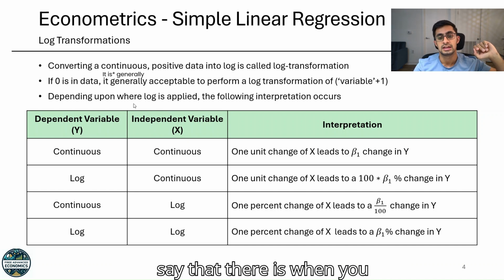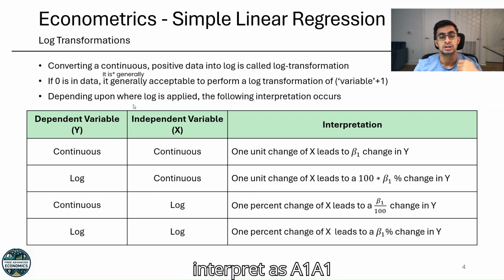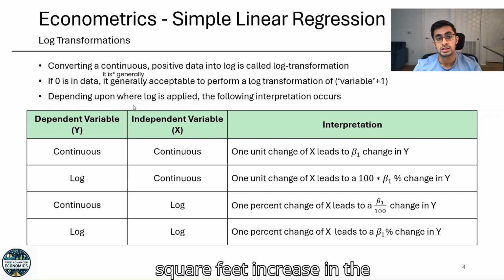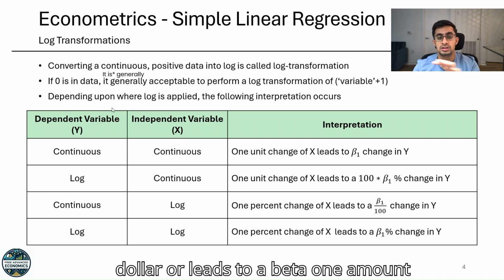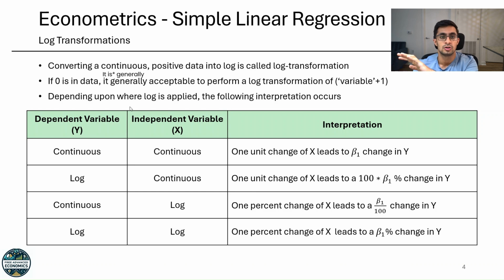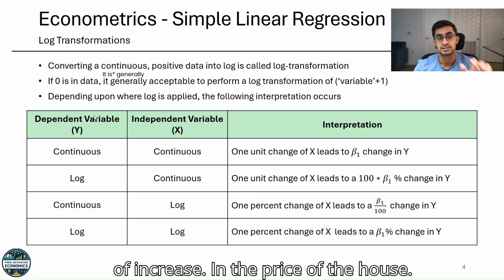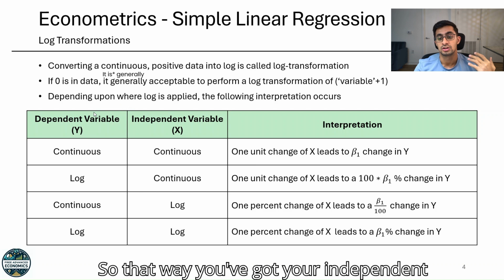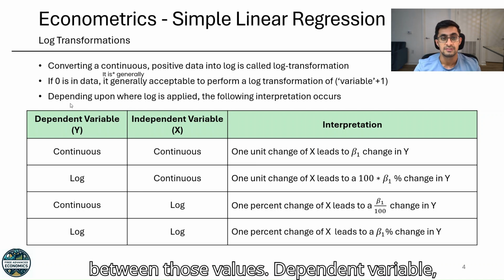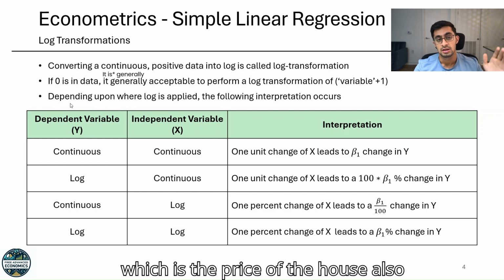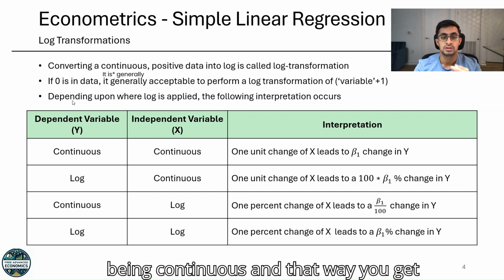So when you run a regression on this, you interpret it as a 1 square foot increase in the size of the house leading to a beta 1 amount of increase in the price of the house. So you've got your independent variable being continuous, and the dependent variable, which is the price of the house, also being continuous, and that way you get some value.